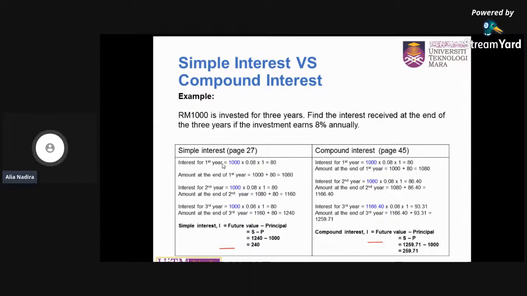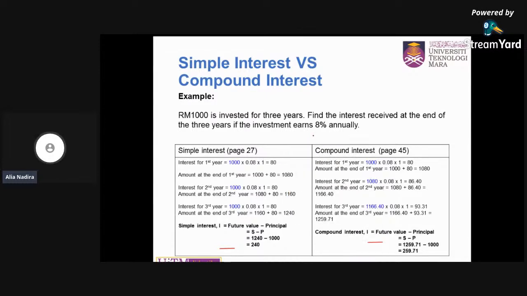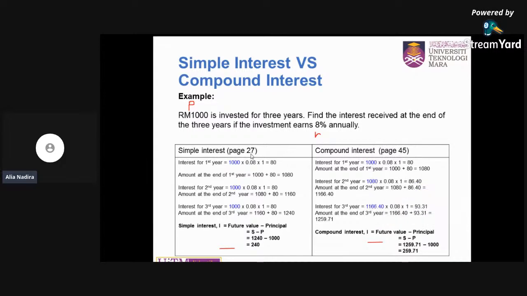For the first year, 1000 is the principal P, 0.08 is your R, the rate. Interest for the first year, we do PRT, so we have 80 ringgit.